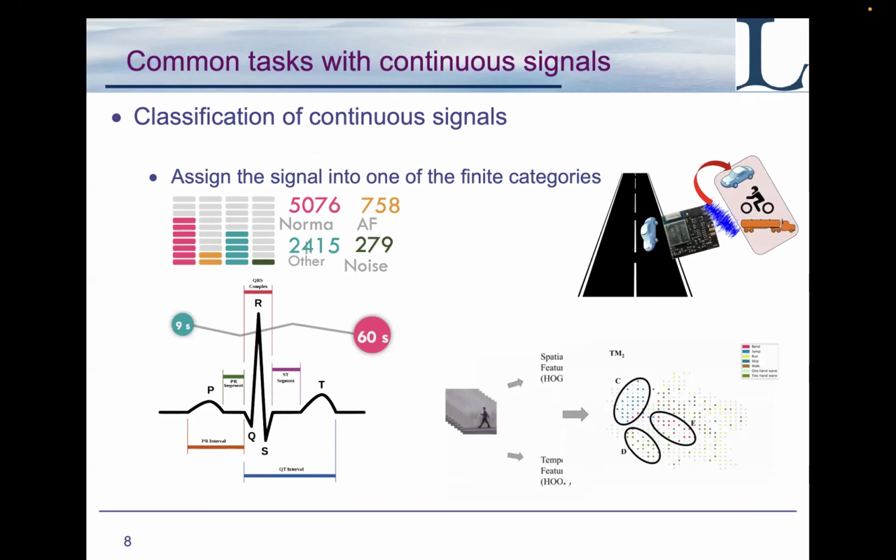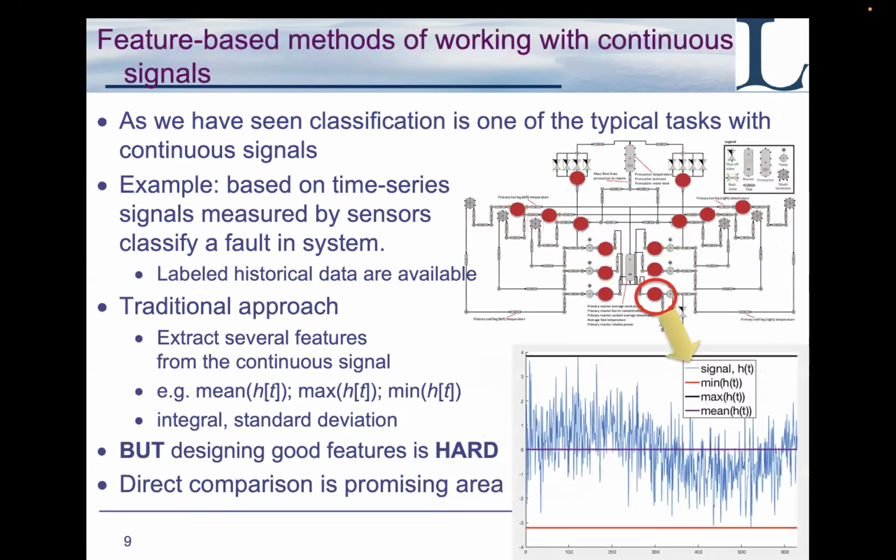I personally was involved in several projects involving classification of continuous signals, and I want to use these projects as examples of how you can approach creating data-driven models for such use cases.